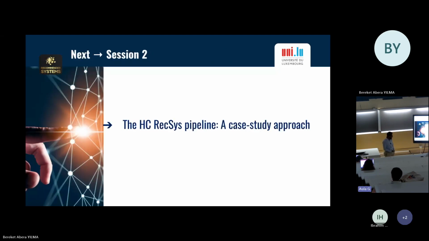So we're going to look at now the RecSys pipeline, which is the classic RecSys pipeline. But now we always want to think about humans and the stakeholders around their interaction to make it more human-centric. And then in the end, evaluate this recommender system based on not just how good it is, but what it is also doing to the users.